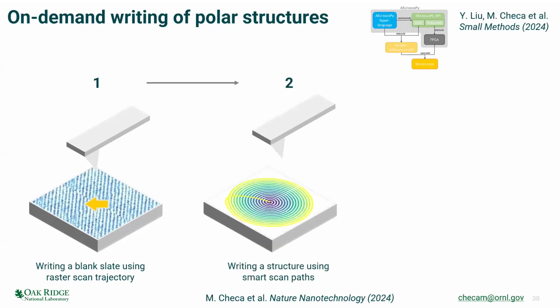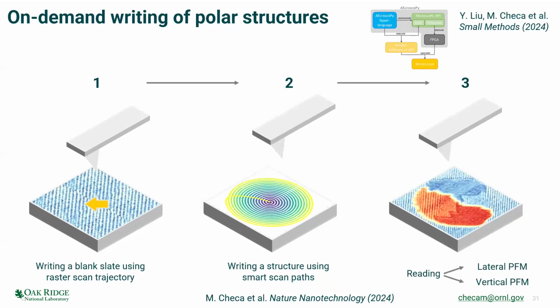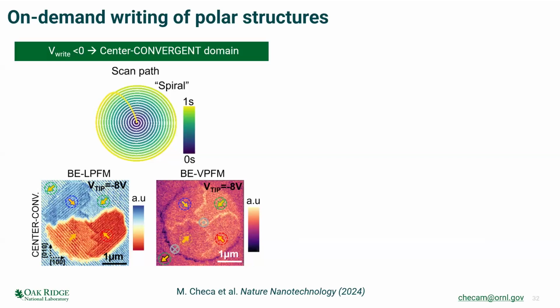Then step 2 is to use the same tip, but now with external control. And I'm going to be focusing again on spiral scans, but you can use any scan path that you want. You bring it in contact, you apply a DC bias while you're doing this scanning spiral. And then finally, you can use the same tip to read either lateral PFM or vertical PFM of the domain that you have written. And this is how it looks.